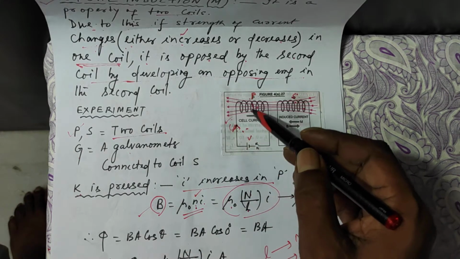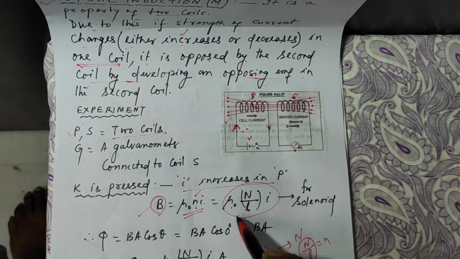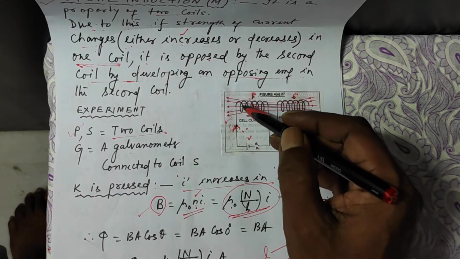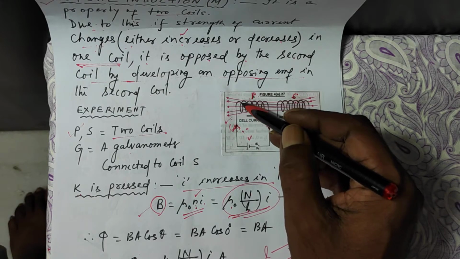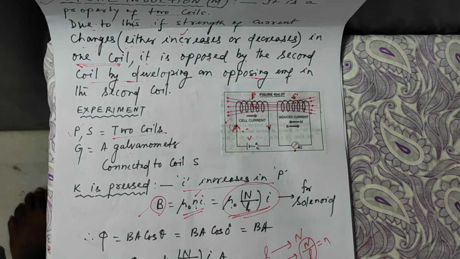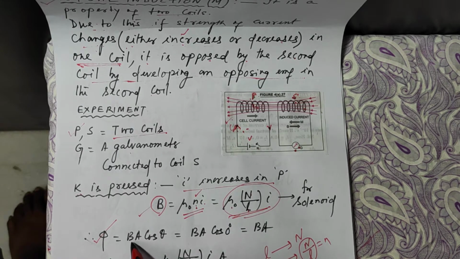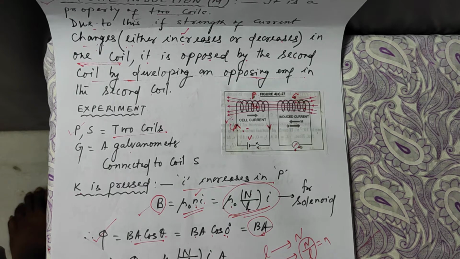So when this current is passing through the coil P, at the center this is the magnetic field, and each turn has an area. So the flux associated will be, flux is equal to BA cos theta, that is BA cos 0, that is equal to BA. How theta is 0 I have also explained in previous lessons.